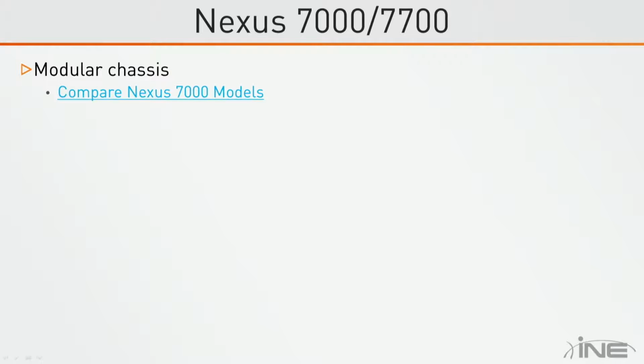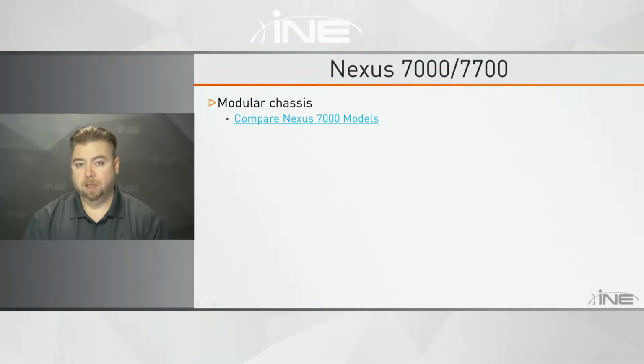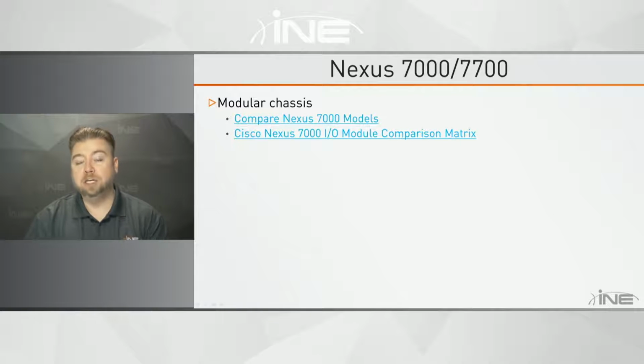Okay, next one we have is going to be the Nexus 7000 or the Nexus 7K. This comes in two different variations, which is the 7000, the original chassis, and then the 7700. Both of these are modular chassis. So we'll talk about this in more detail later once we start to get into the configuration of the Nexus 7K. But there's going to be different line cards that have different software features available to them.